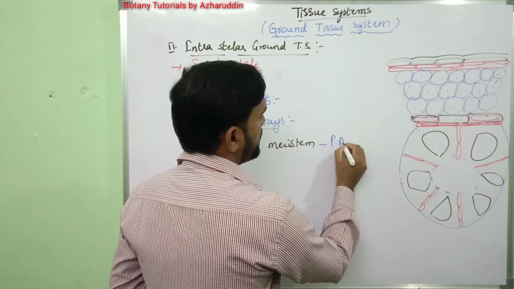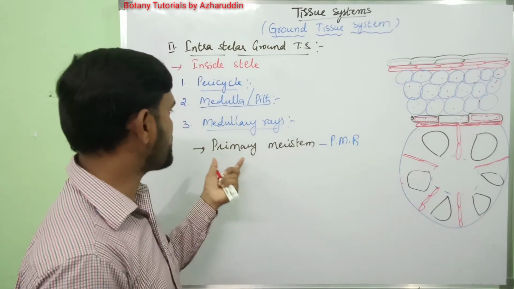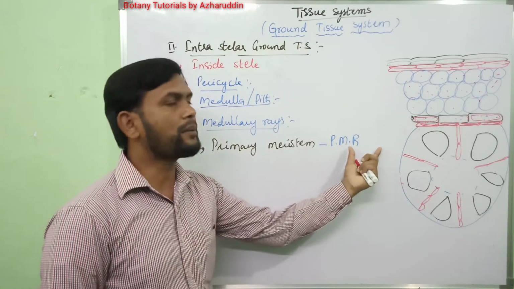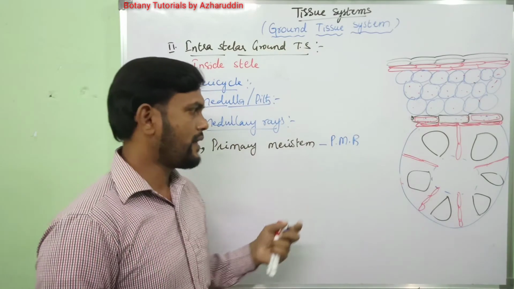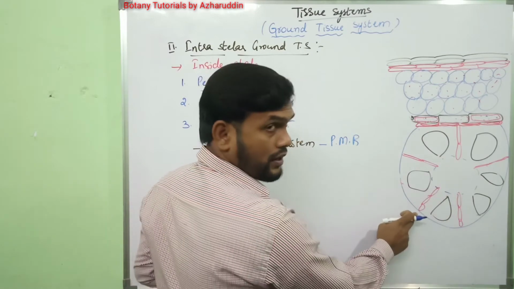Understand? Because they originate from the primary meristem, they are called primary medullary rays. They extend from medulla to cortex.